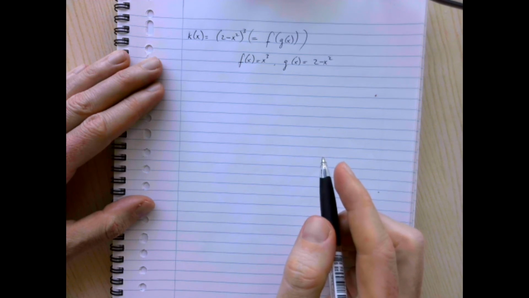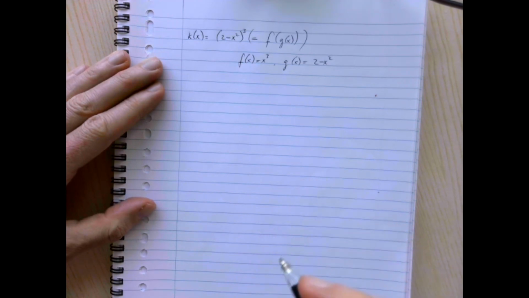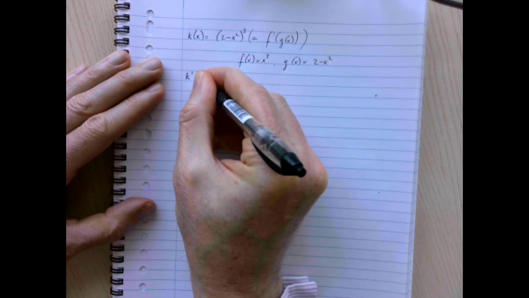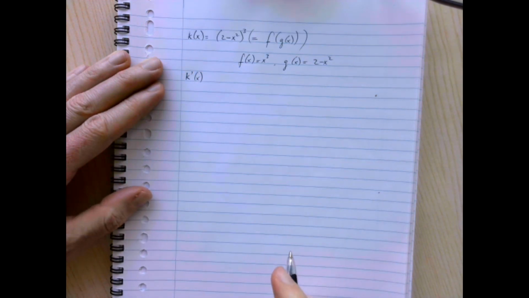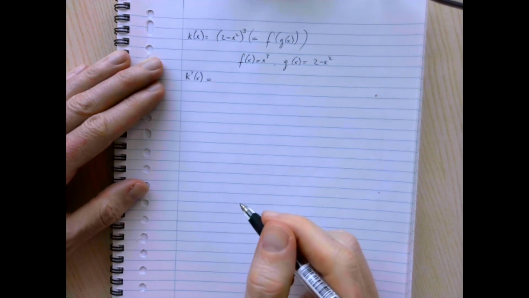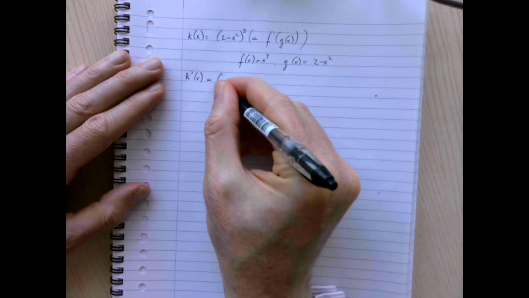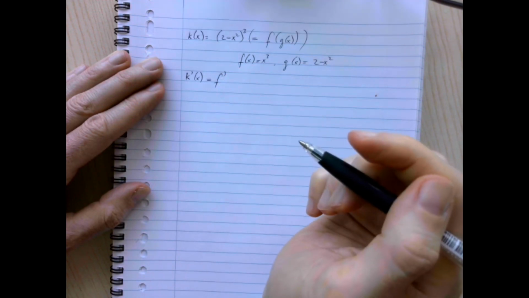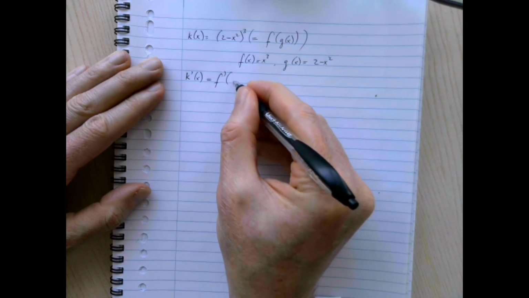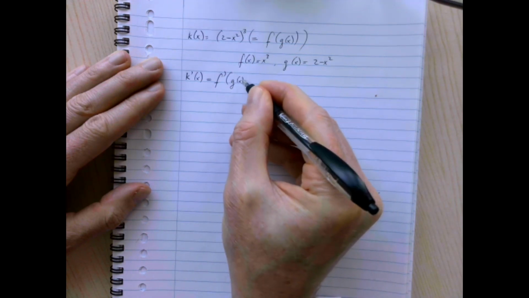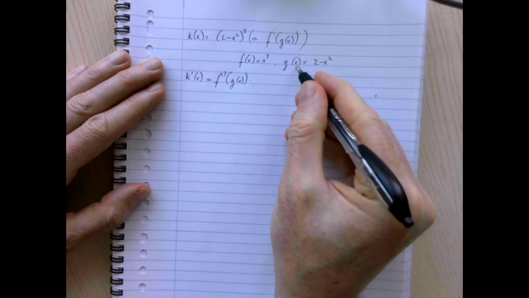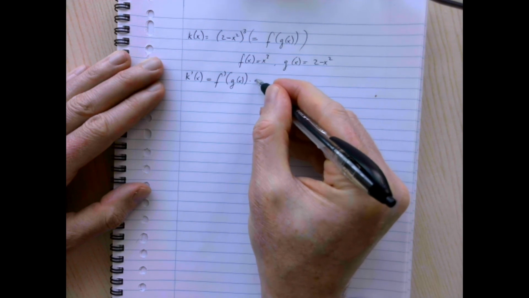Now we are interested in the derivative of k, in other words, k prime of x. Well, by the chain rule, how do we compute this in general? Well, we have the derivative of the exterior function, the f function, evaluated at g of x, multiplied by the derivative of the interior function, this function g.